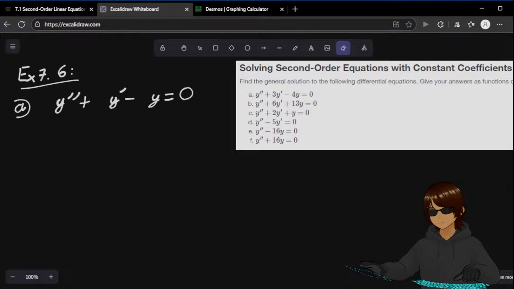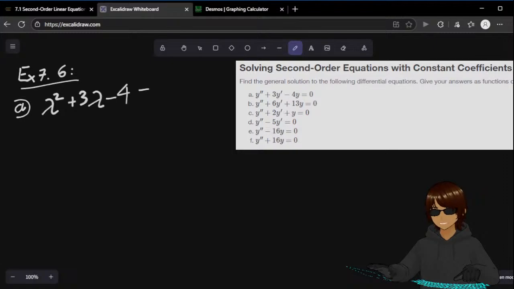So 1, 3, minus 4. We write 1 times lambda squared plus 3 lambda minus 4 is equal to 0.